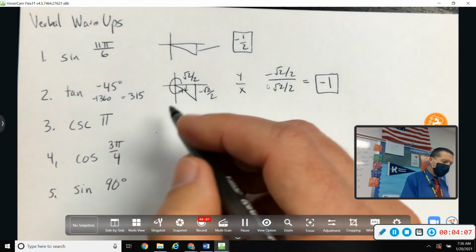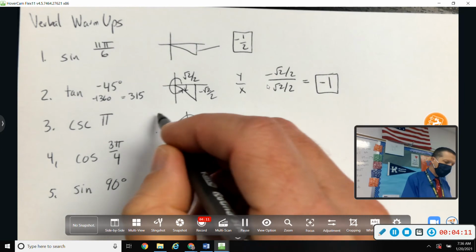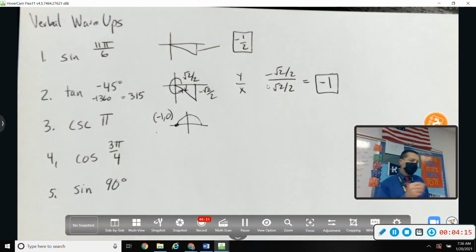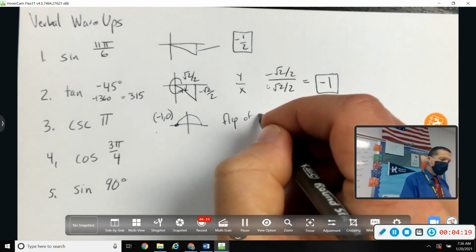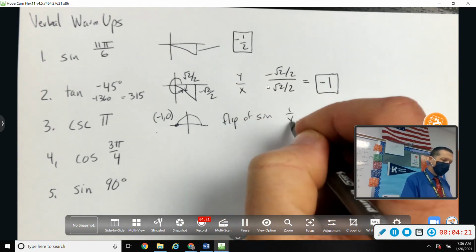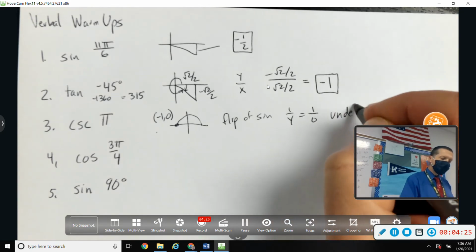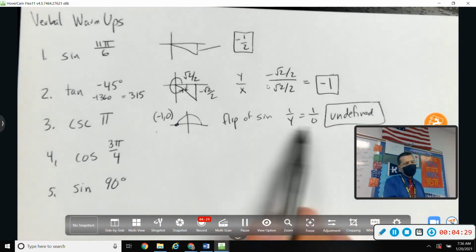Cosecant of pi. All right, well, pi is halfway around right there. Coordinates are -1, 0. Cosecant is the flip of sine, so 1 over y, 1 over 0 is undefined. And again, that's showing more work than some of you will.